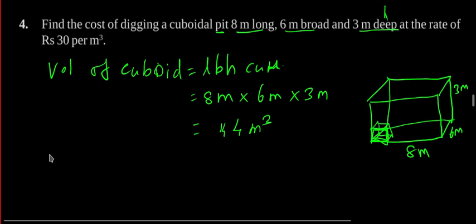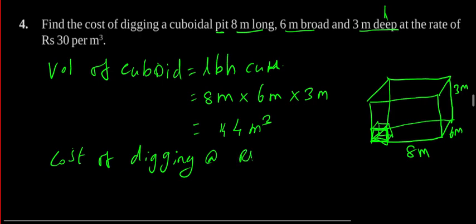Okay. So the cost of digging at rupees 30 per meter cube. So for 1 meter cube it is 30 rupees. Okay. So for this much meter cube, how many rupees?